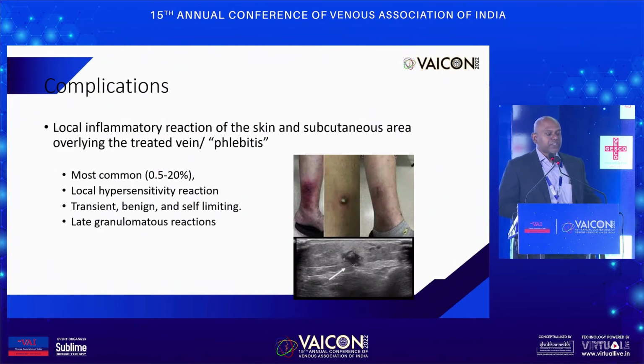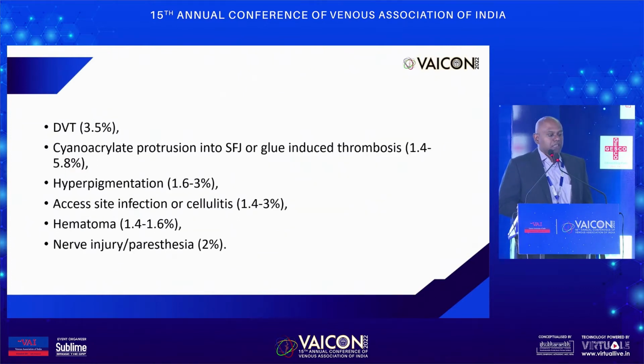With any new procedure, there's a whole list of new complications that you can get with glue. What we see most commonly is phlebitis following the glue injection, because ultimately it is a foreign body that is going to remain within the vein. Some people are hypersensitive to glue. There's often swelling, and some people have developed a granulomatous reaction because it is a chronic inflammatory response.